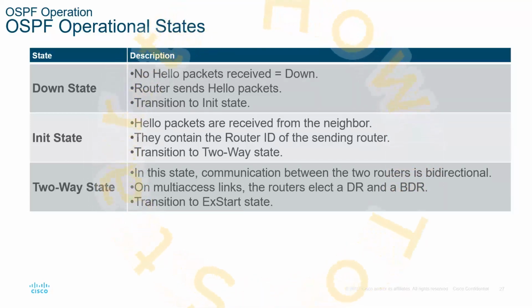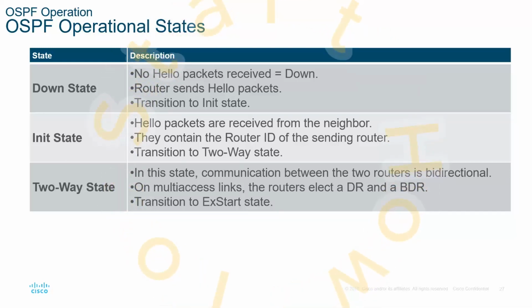Before it transitions, it may send an acknowledgement to verify the hello packets. The two-way state allows for communication between two routers bidirectionally, assuming a multi-access link like Ethernet, and they will start electing a designated router and a backup designated router.